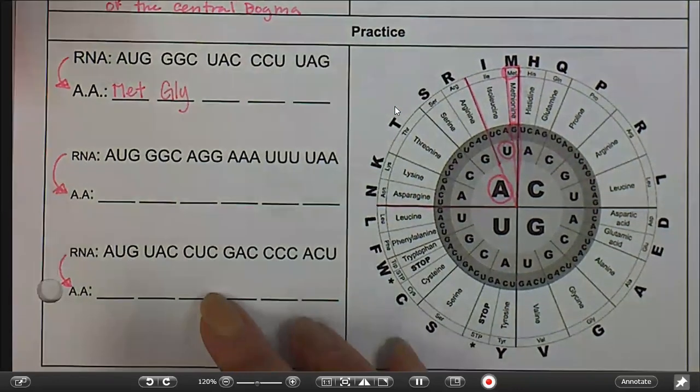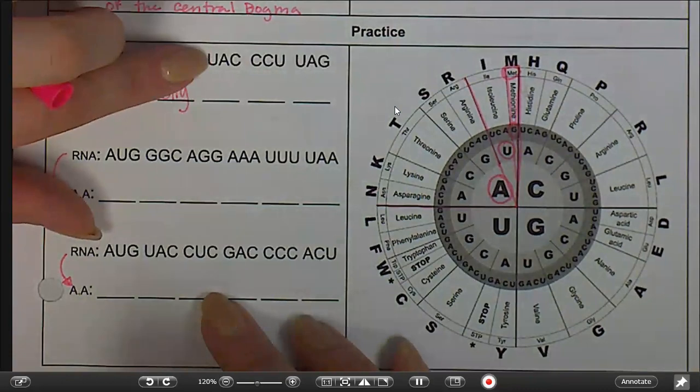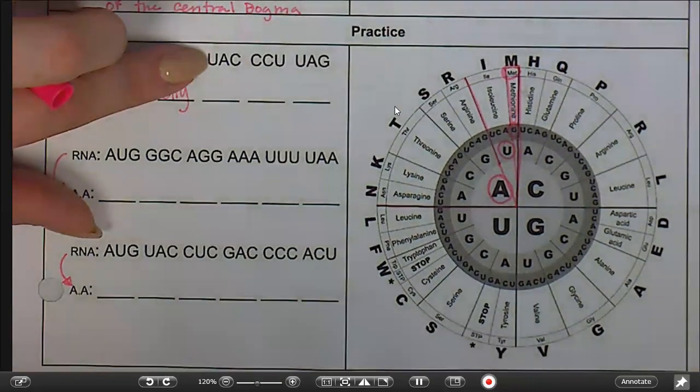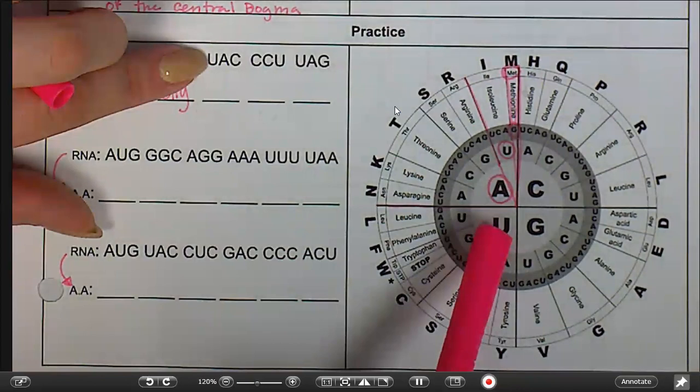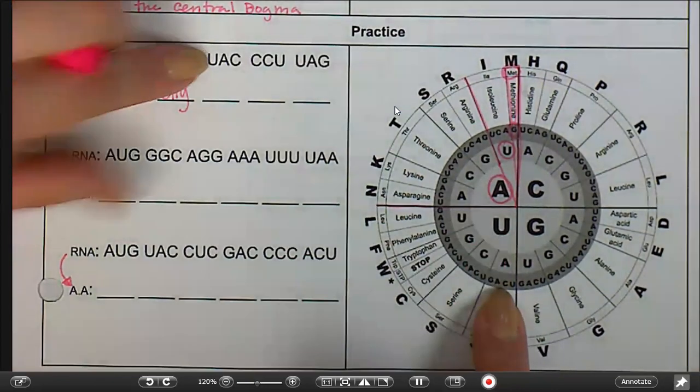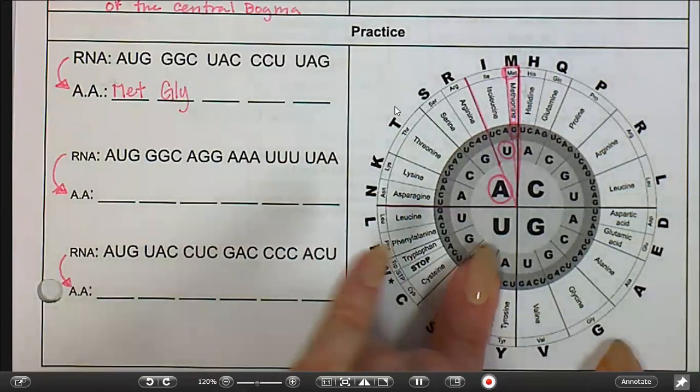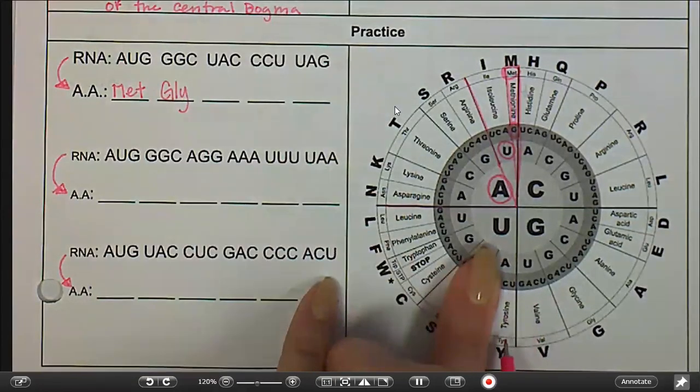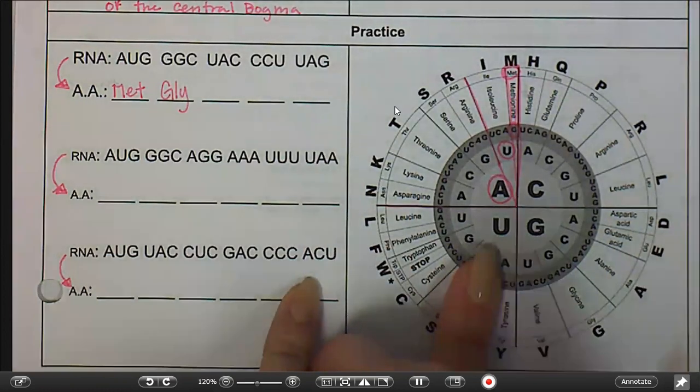My third codon is UAC. So I'm going to go to the big U, the medium A, and the little c. Notice that the little c goes to tyrosine. So my code here is TYR.